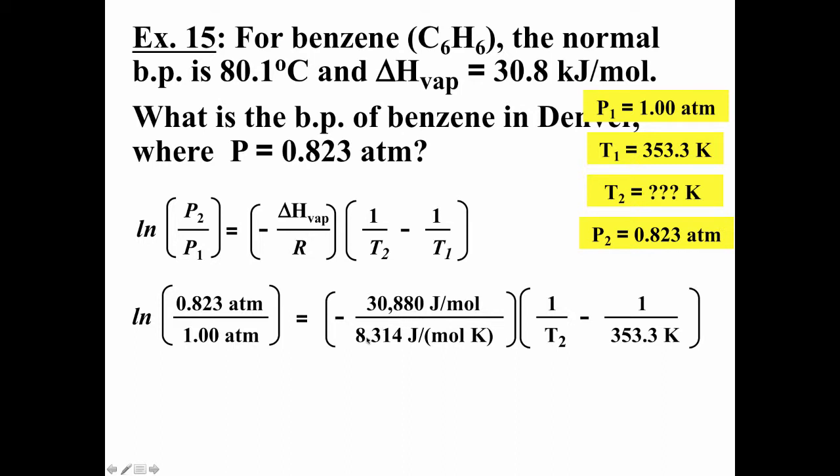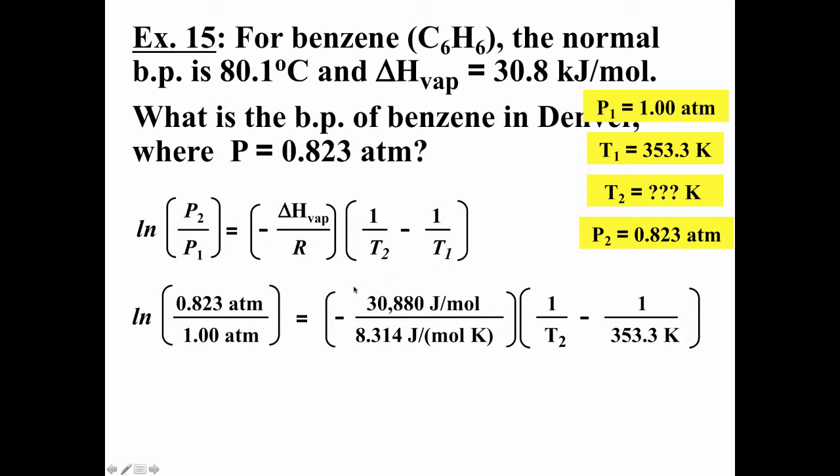And since we're going to use the gas constant in the form with joules as one of the units, we're going to use 8.314 joules per mole Kelvin. Therefore, we want our delta H to also be in joules, so it's 30,880 joules per mole. And then we have 1 over T2 minus 1 over 353.3 Kelvin, which is T1.